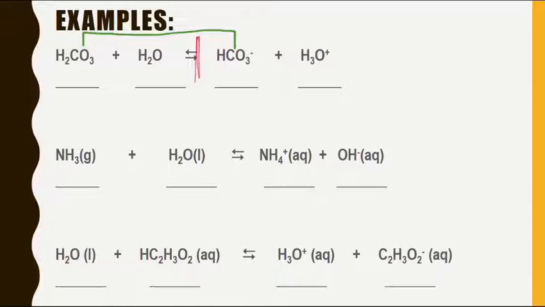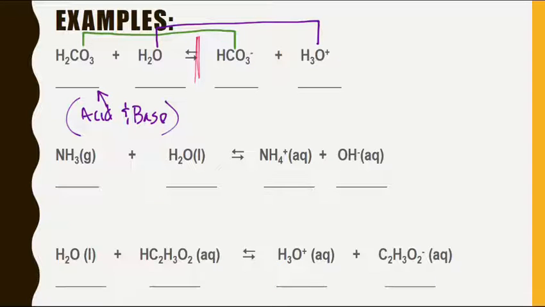The only difference between those two formulas is a single H. Now, the other two are also one of my pairs. So we always link together two pairs in each of these reactions, but just start by looking for the most obvious pair first. Now that we have these linked, then we're going to start trying to label our reactants as acids and bases. These are always going to be our plain old acid and base in some order, maybe acid, maybe base. And then our conjugates are always going to be on our product side.